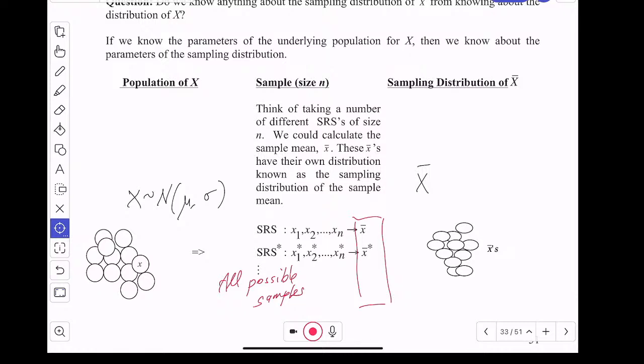The truth is that you're going to witness the law of averages, that these averages will also have the same overall average as all possible values. So it should have the same mean.